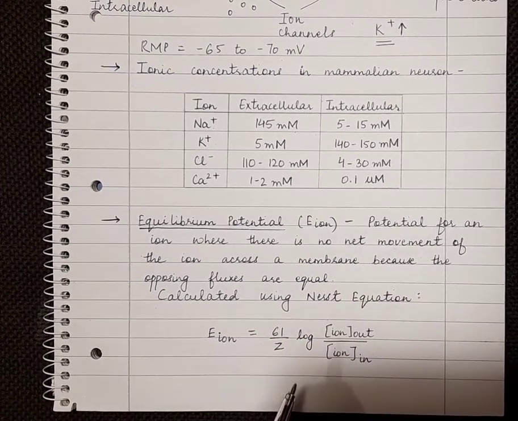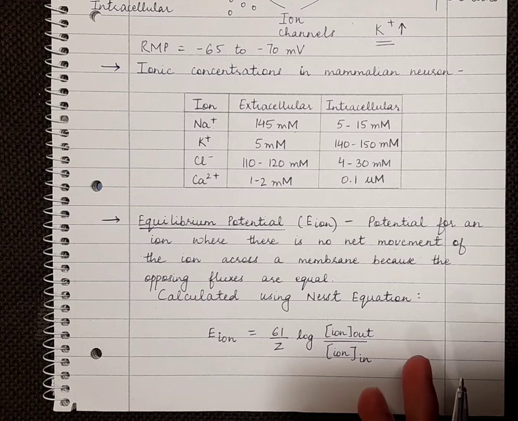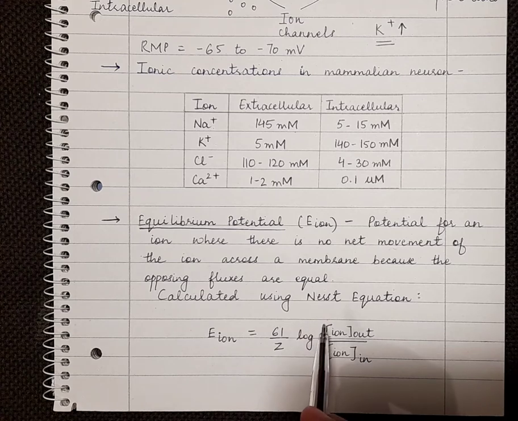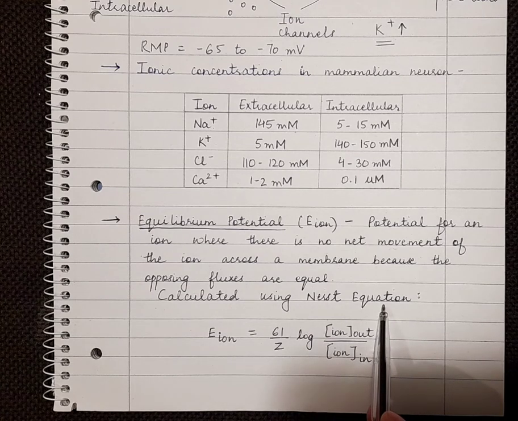Now for every ion there can be a different direction and a different magnitude, because there are different concentrations across the membranes. The equilibrium potential for an ion is calculated using the Nernst equation.